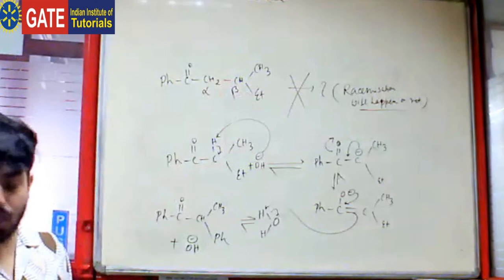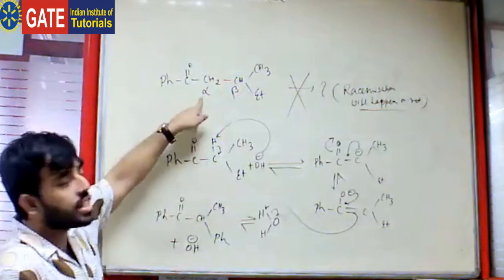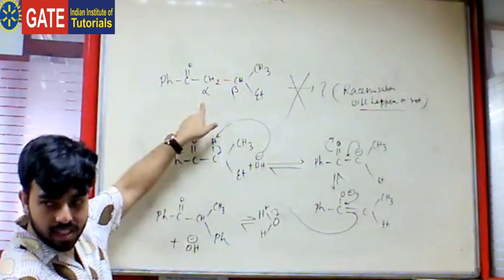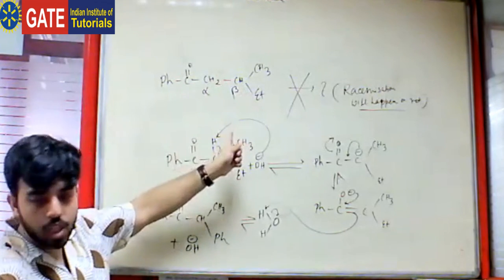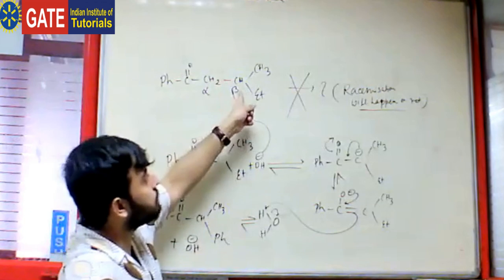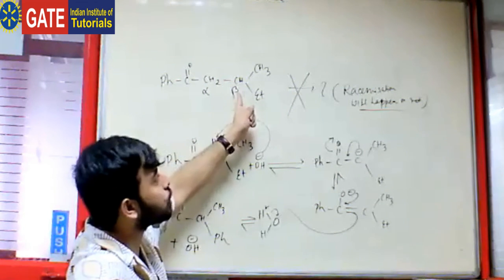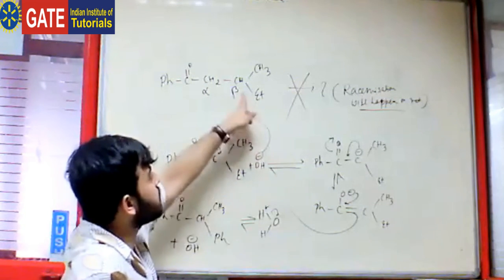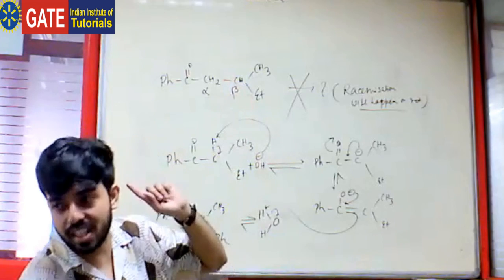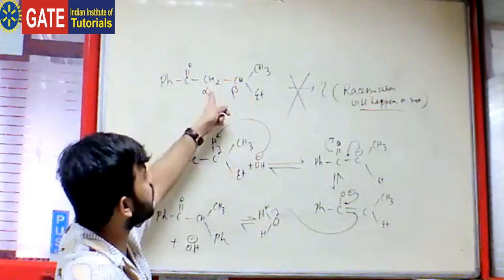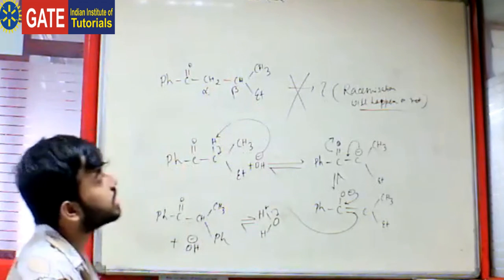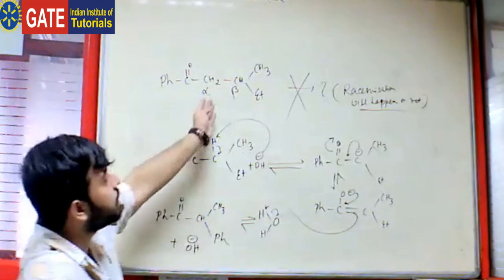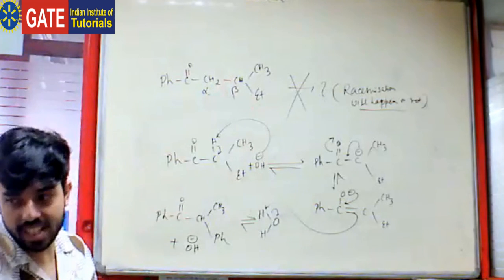Aldol condensation happens where? Only at the alpha position. Remember this? So in the case of OH minus, it might take a little bit, but racemization will not happen. This beta hydrogen is not acidic in nature. It is only the alpha. So if there is no process of racemization, there is no way this will become R or S.